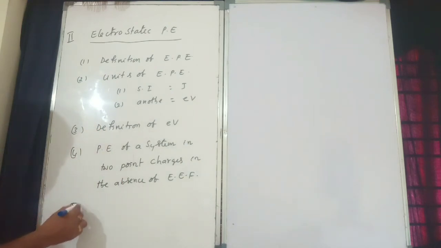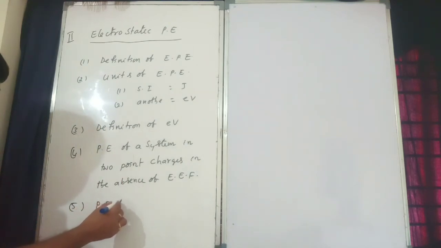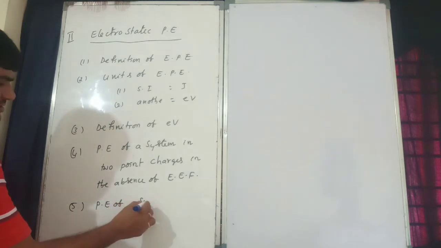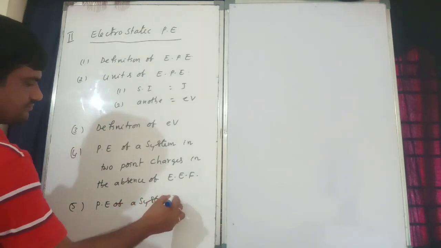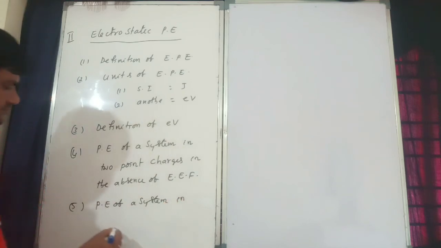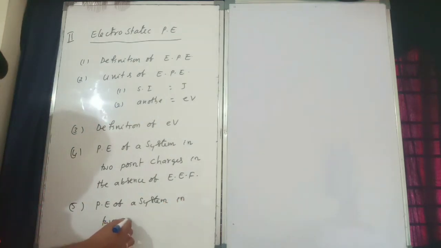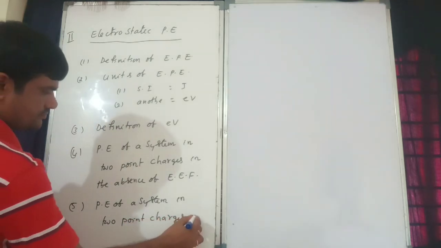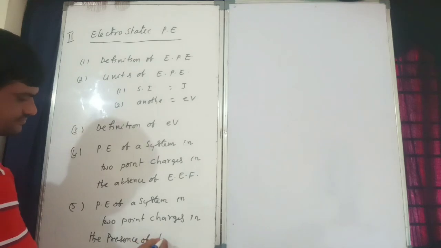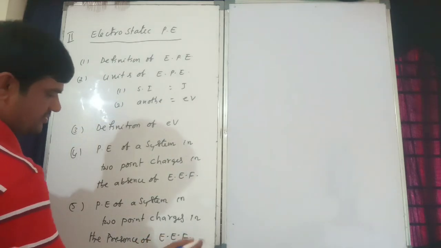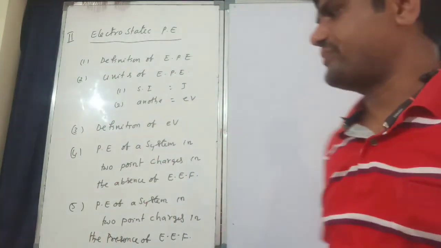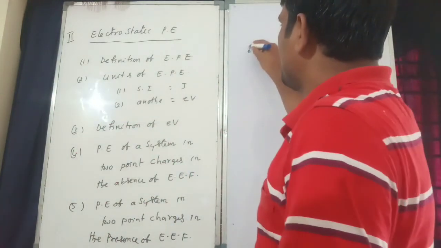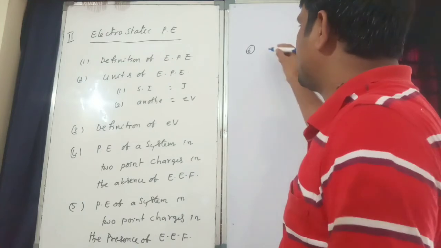Next, fifth one. Potential energy of a system of two point charges in the presence of external electric field. So the last question, already in the first chapter I have given, but one more time. What is that?